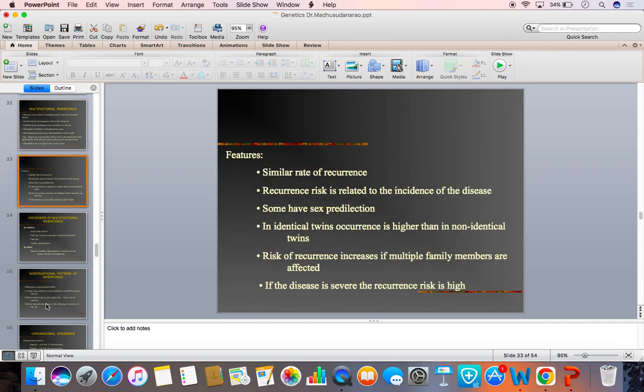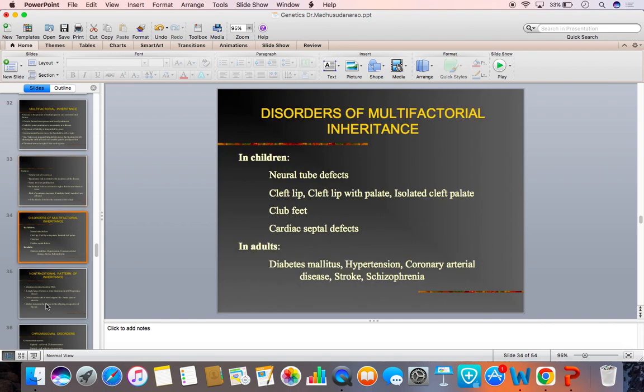Features: similar rate of recurrence. Recurrent risk is related to the incidence of the disease. Some have sex predilection. In identical twins, occurrence is higher than in non-identical twins. Risk of recurrence increases if multiple family members are affected. If the disease is severe, the recurrence rate is also high. What are the disorders of multifactorial inheritance?